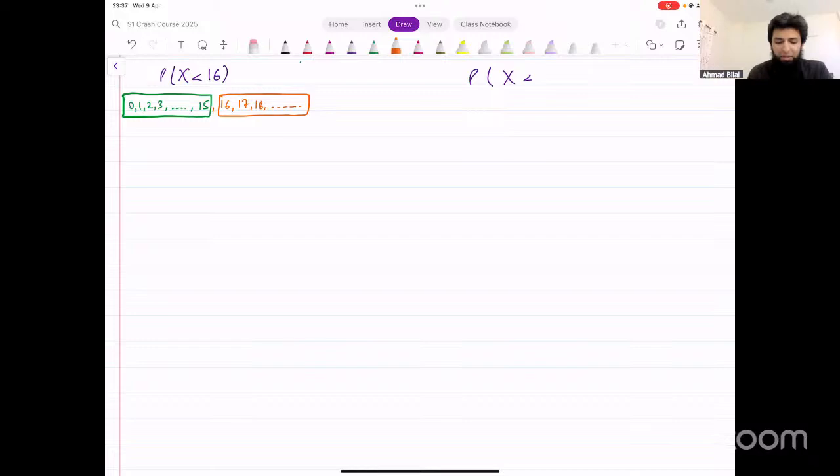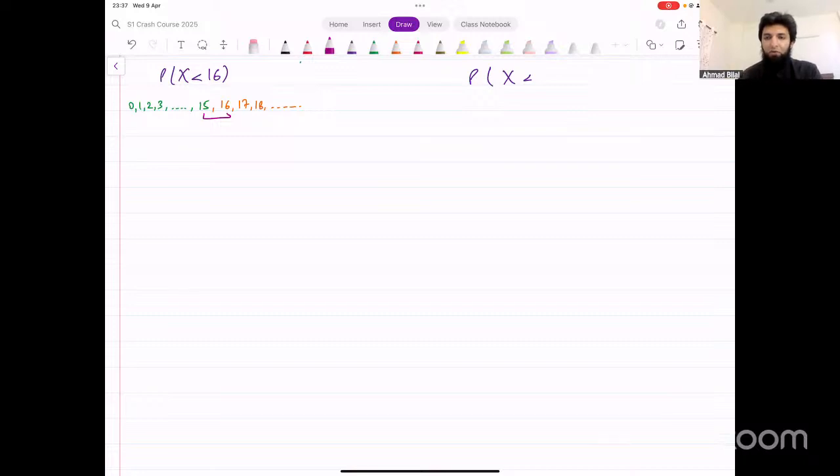Now you notice there's a problem. What about this region in the middle? Between 15 and 16, what happens to that? Do we count that or do we not count that? Because in discrete, that area did not used to exist, right? We either had 15 or we had 16. But in normal distribution, we can also have 15.1, 15.2, 15.3, 15.735, 15.9, 15.8.